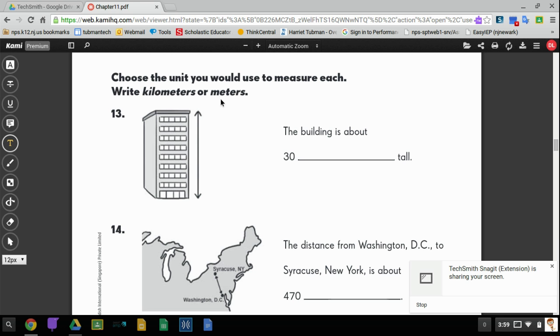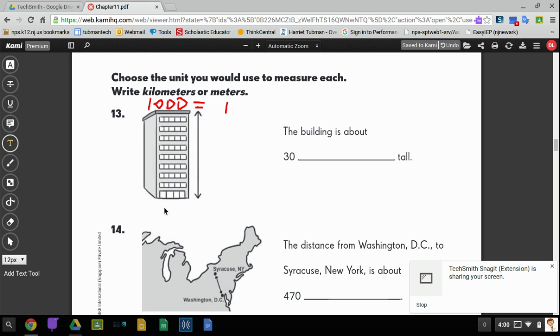So we're looking for things that are about the same size as a tree when we want to use meters. And when we want to use kilometers, we're looking for things 1,000 times bigger than a tree, because we know that 1 kilometer equals 1,000 meters. So let's look at this.